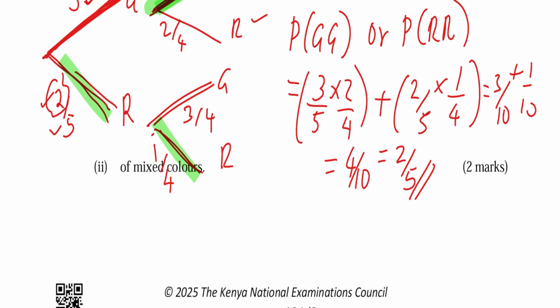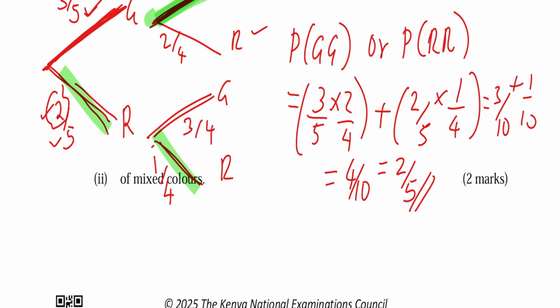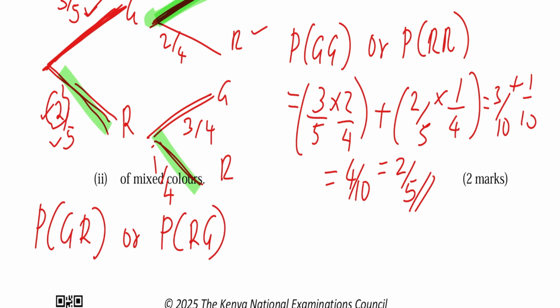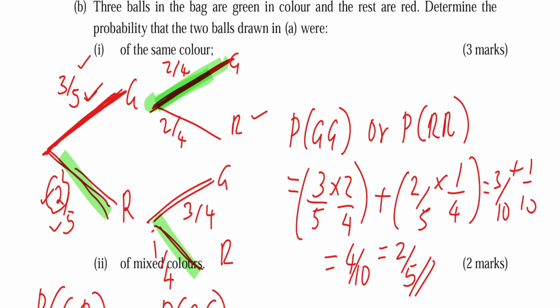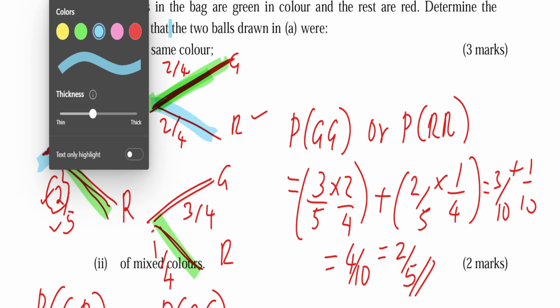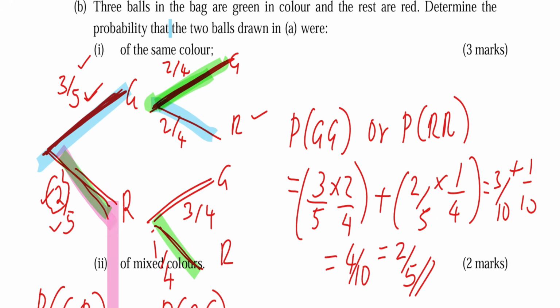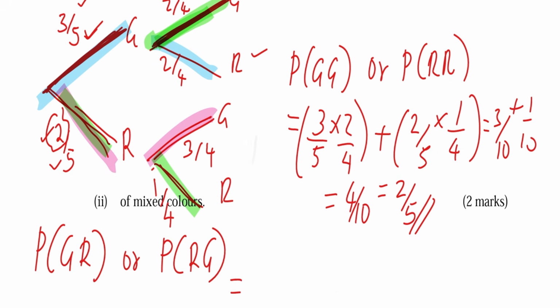Now the second question, you are told of mixed colors. So mixed colors means it is either green then red, or the first one is red then green. So in which, let me use another different highlighter. So either it is green then red, or this is red then green, because it is different, it is a mixture and there are no other two colors apart from red and green.